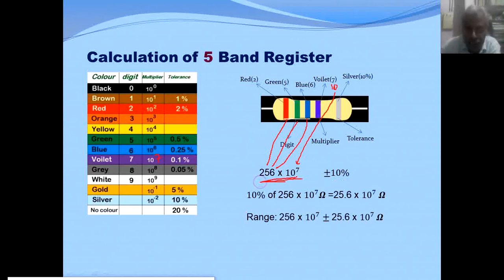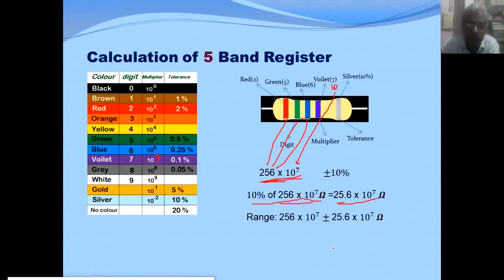First we find the value of this, and then we calculate the 10% of this value. This 10% of this value becomes 25.6 into 10 to the power 7 ohm. This value will be added to this value and subtracted. So its range will be 256 into 10 to the power 7 plus minus 25.6 into 10 to the power 7 ohm. So this is the calculation of 5-band resistors.